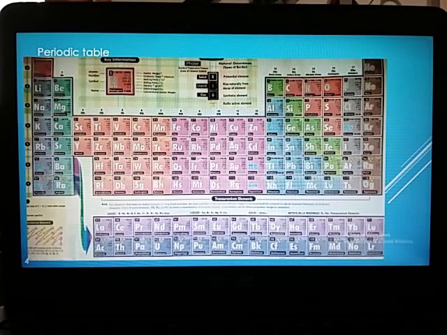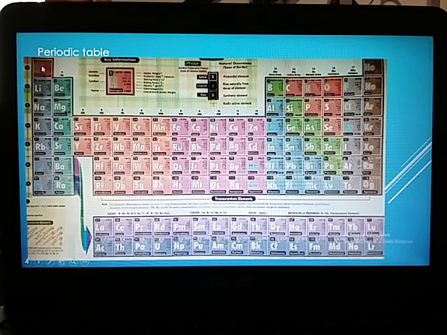Lightest, pinakamagaan. So, anong basihan again? Ang basihan ay ang atomic number at ang atomic mass. Ngayon, tingnan natin ang mga nasa periodic table.